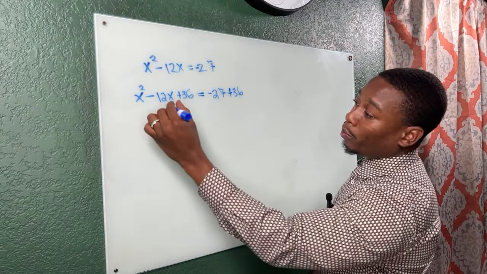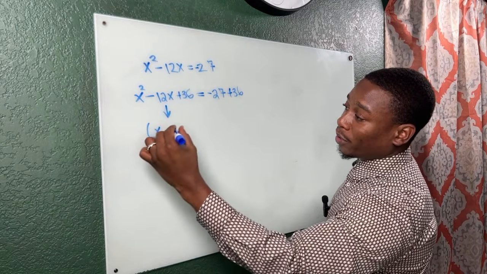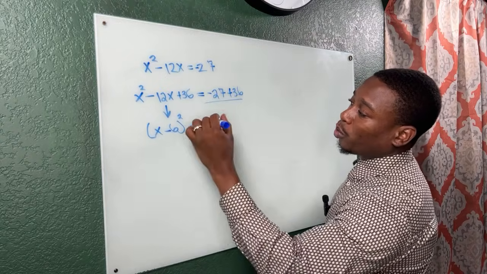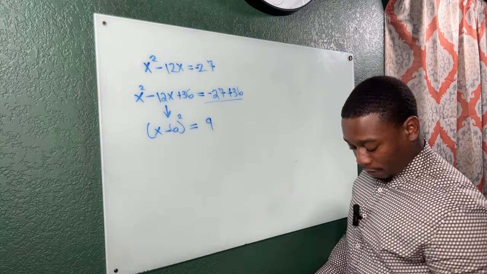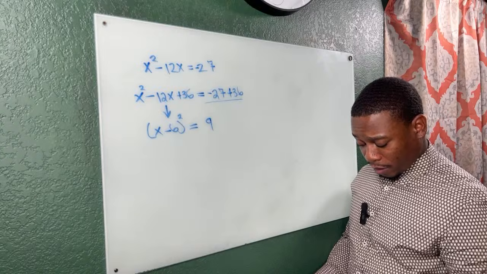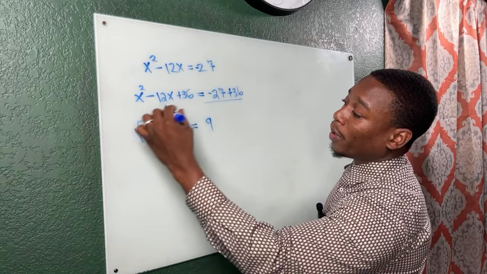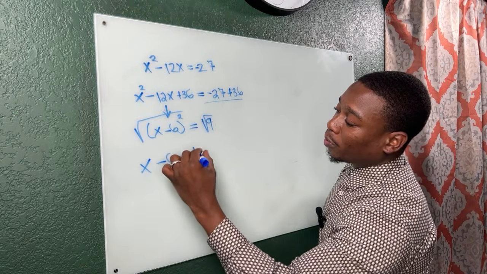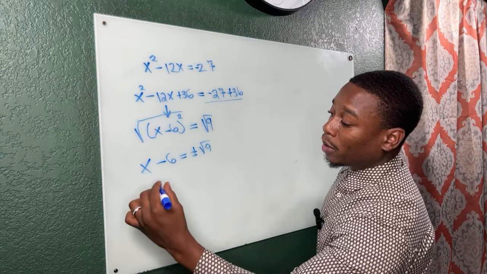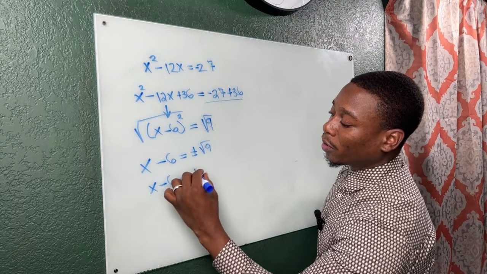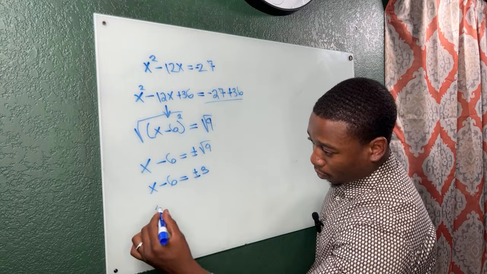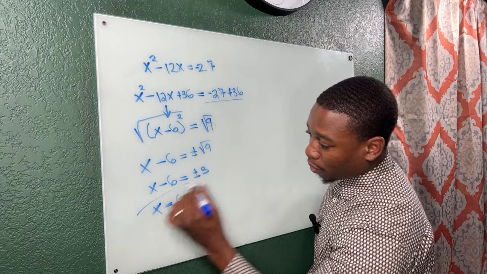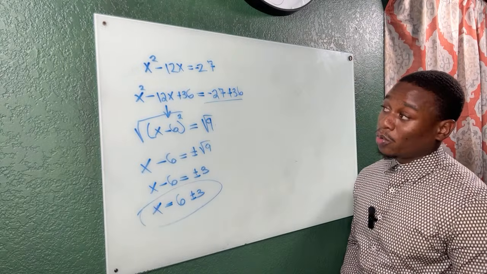Now we break this back down to the binomial: (x minus 6) squared equals positive 9. Now we use the square root method to get rid of the exponent. So x minus 6 equals plus or minus the square root of 9, which is plus or minus 3. We add 6 on both sides, so x equals 6 plus or minus 3. That is our answer. That's how we get our two answers.